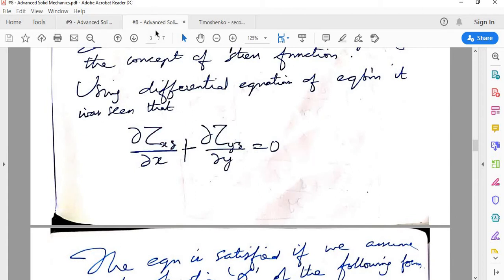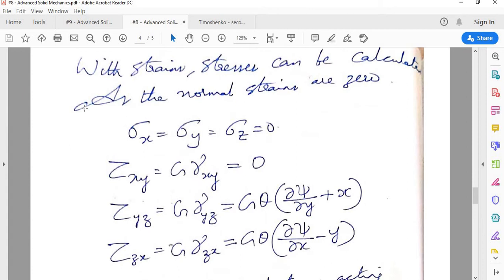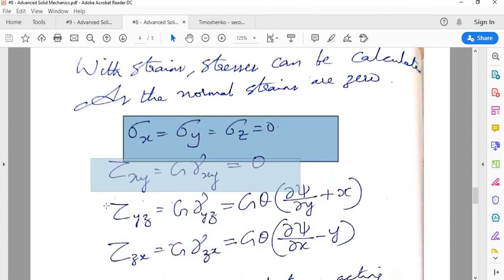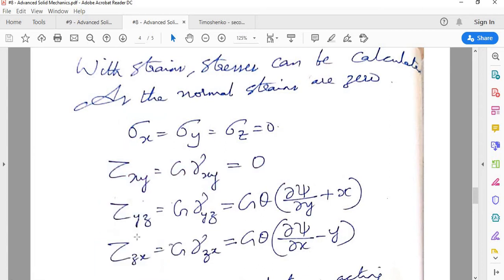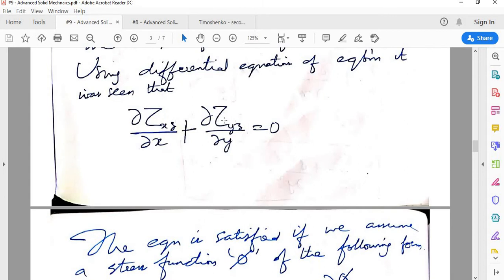Remember, all other stresses are 0. Out of the 6 stress components, only tau yz and tau zx are not 0. So following the concept of stress function, tau xz and tau yz should be representable by this stress function phi, which should also satisfy all the conditions associated with the problem.